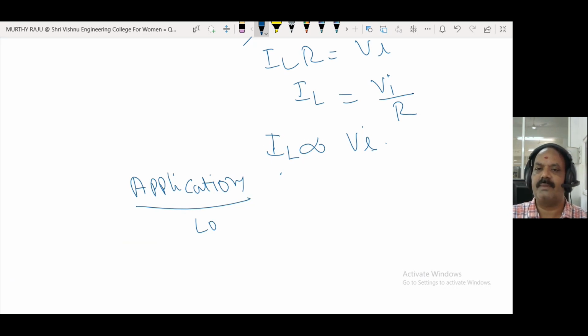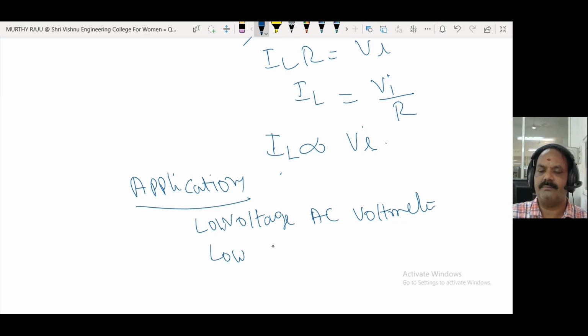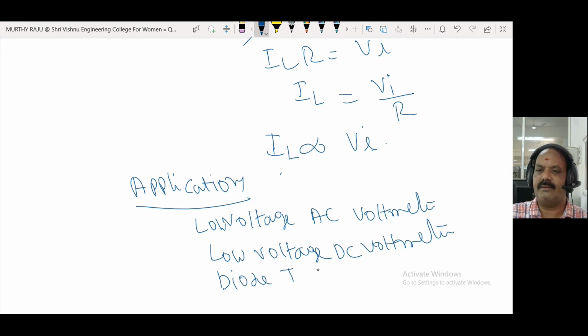Low voltage AC voltmeter, low voltage DC voltmeter, diode tester and match finder.